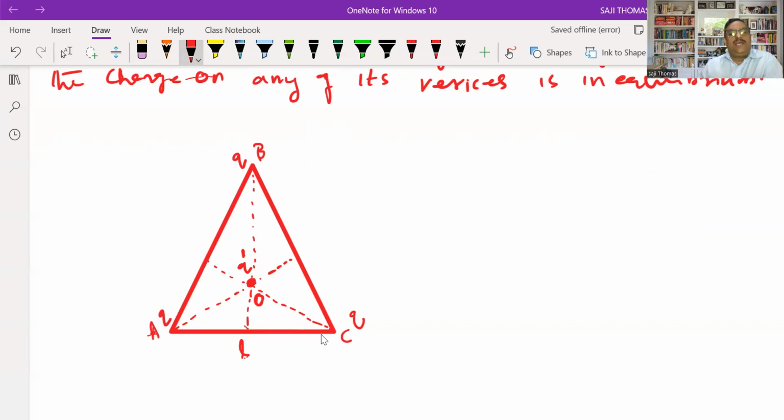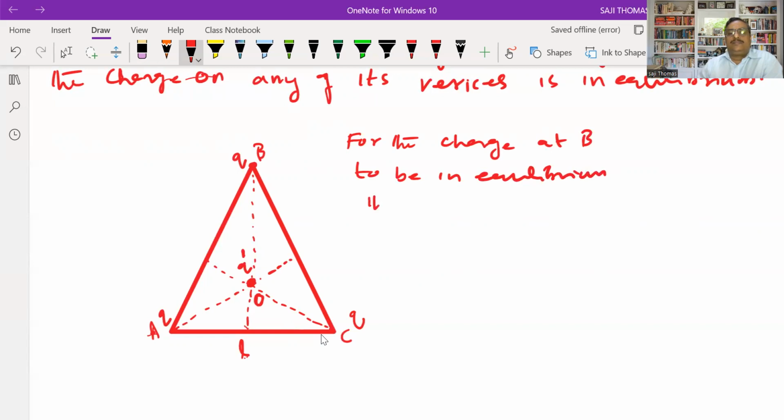So we consider the charge B. For the charge B to be in equilibrium, we know the net force on charge B should be 0. Now we are calculating the net force.